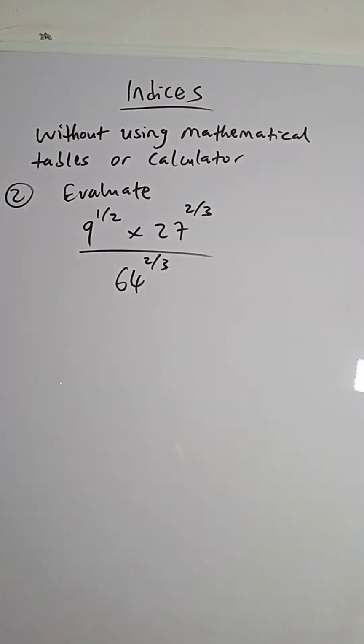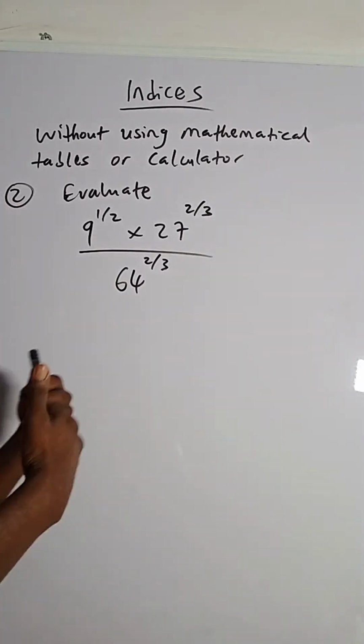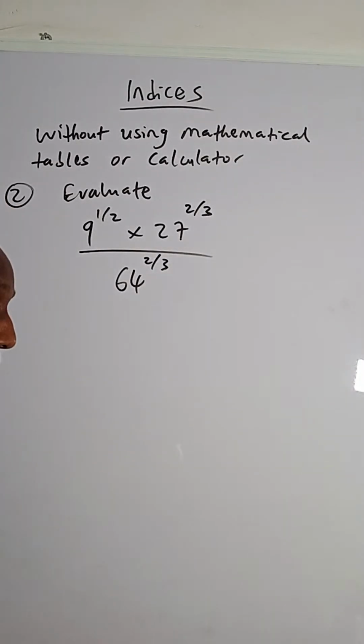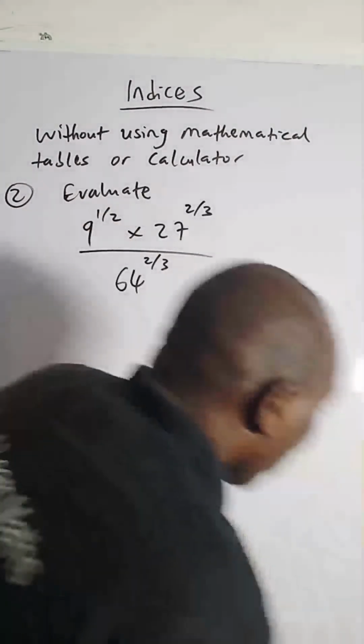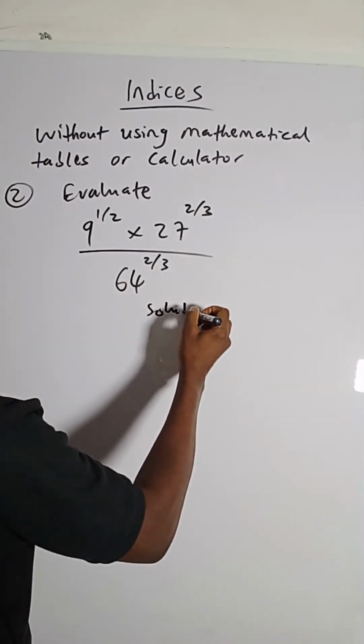Yeah, by now, I think we can even run with this already. This is already appearing easy, because if you are familiar with the laws of indices, then this will become very interesting and easy for you.